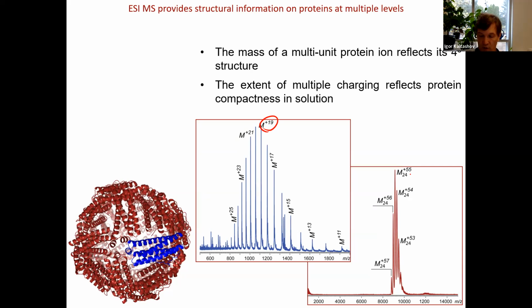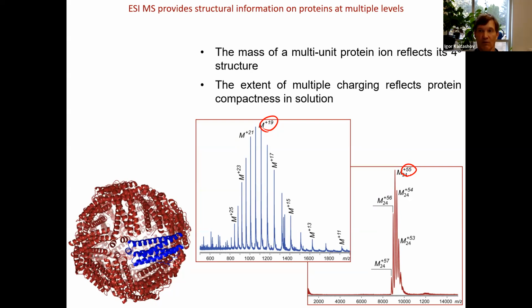You go to 24 subunits, and now you have a high number of charges, but unlike mass, the charge is not multiplied by 24, right? It's a fairly modest increase in the extent of multiple charging when you compare it to the mass increase, right? So you have less than 3-fold increase in charge and 24-fold increase in mass.